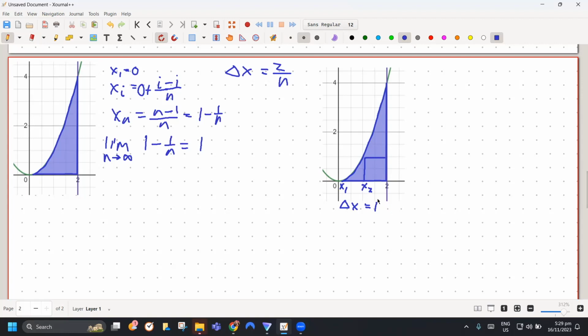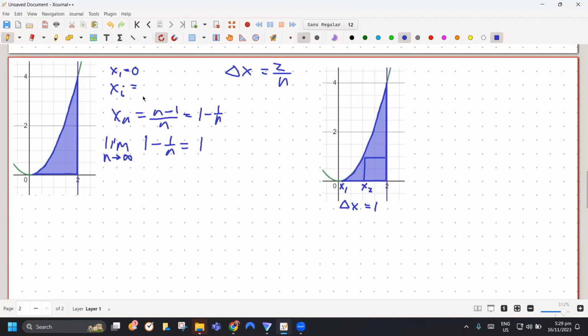So, to get from x1 to x2, paano related yung x1, x2 at delta x? Okay, so x1 is 0, yes. Okay, x2 is delta x ahead of it. Okay. So, x1 plus delta x.